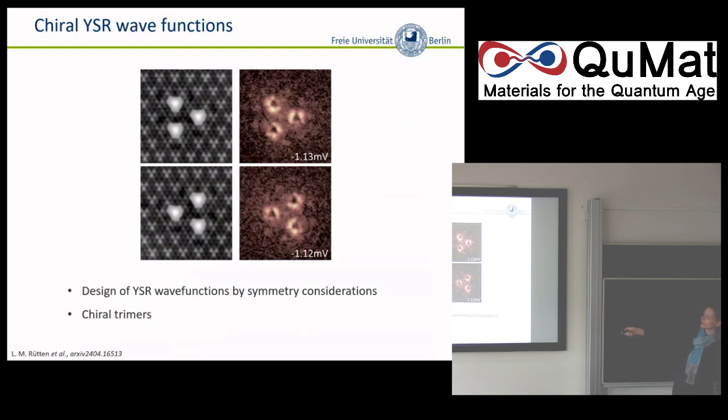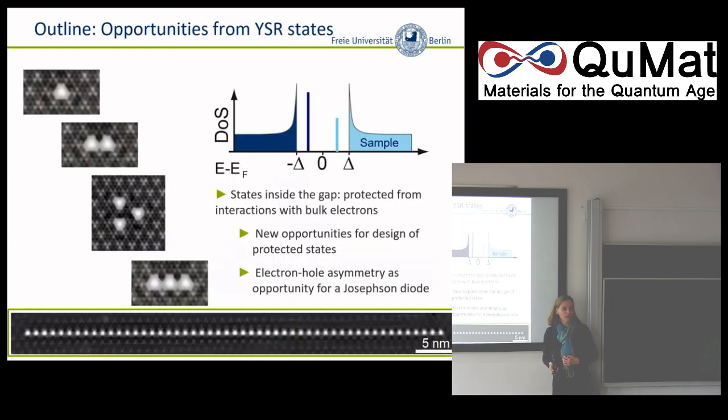If you construct the triangle in the opposite way, then everything looks like it's rotating in the other direction. So it's kind of a chiral wave function that you can engineer just by putting the symmetries in a way that these interference terms are in the correct way. You can build larger structures and go on with that, and just design the symmetries.